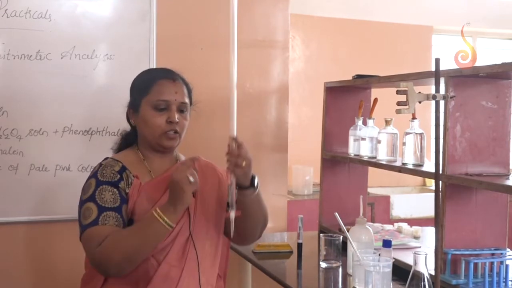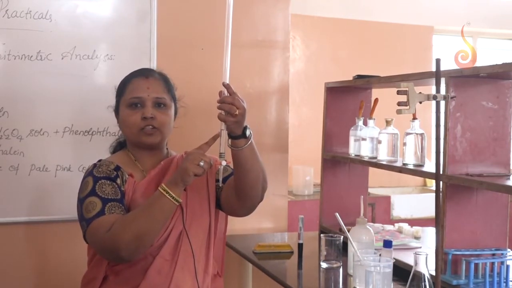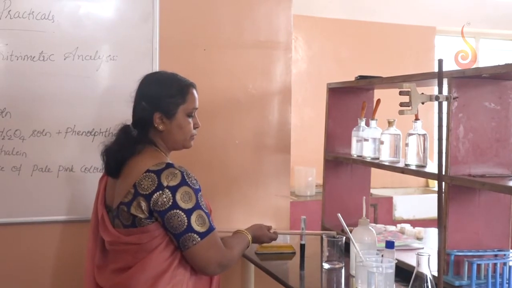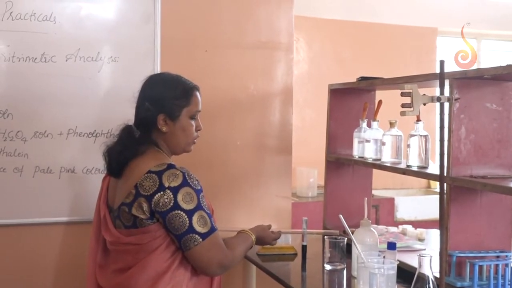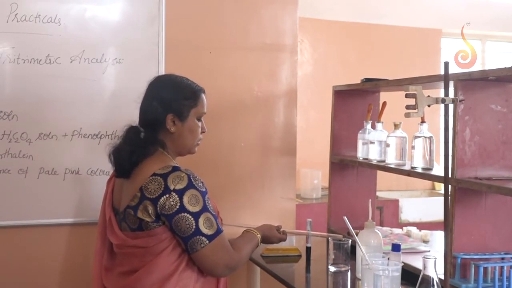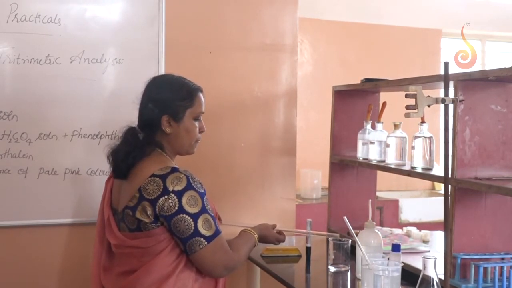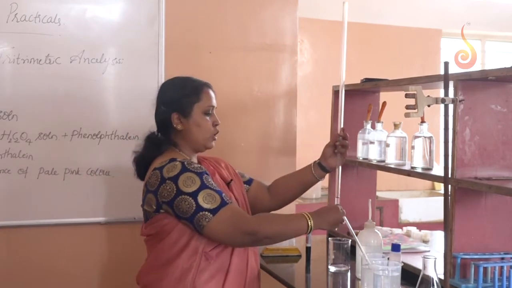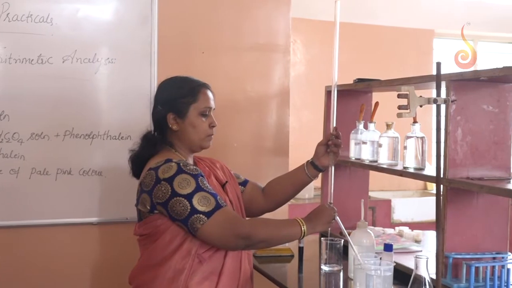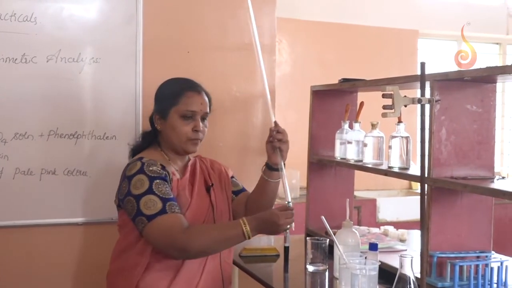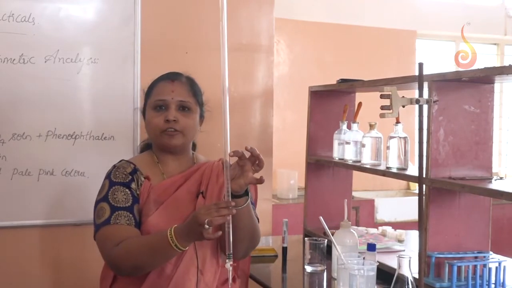It will not be of any use. I have taken sodium hydroxide till here, then start rotating so that the entire burette is rinsed. Now, the entire burette is rinsed. Now, rinse the nozzle portion as well. After the nozzle portion is filled, the burette is ready for filling.